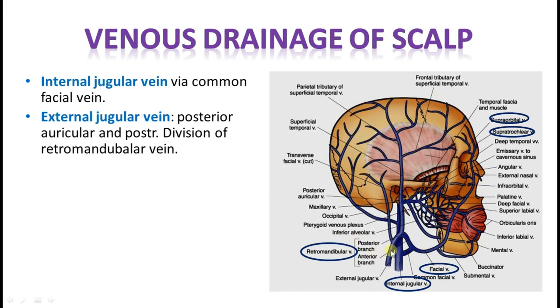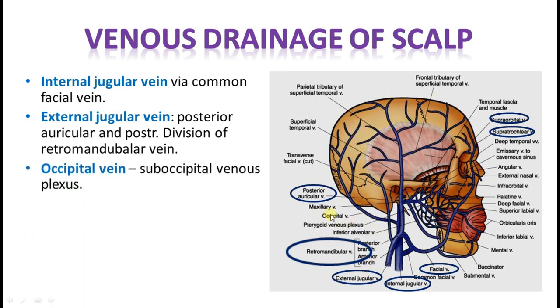Now, how it drains to the external jugular vein: the posterior auricular vein joins with the posterior division of the retromandibular vein, and thereby they drain into the external jugular vein. Apart from this, you have the occipital vein that drains into the suboccipital venous plexus, or sometimes it might also drain into the internal jugular vein. So that is about the venous drainage of the scalp.